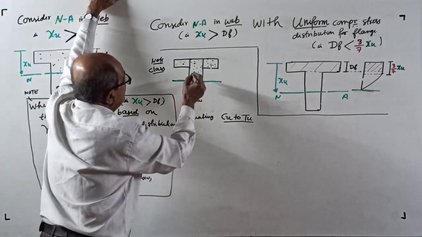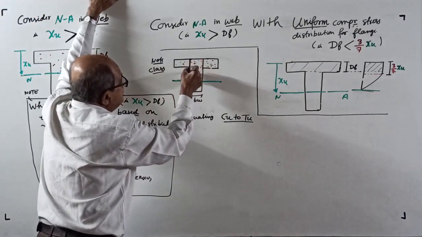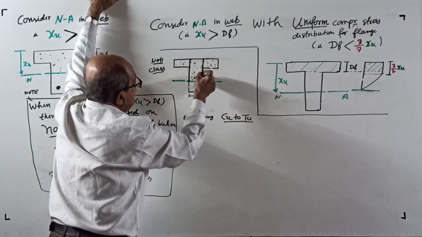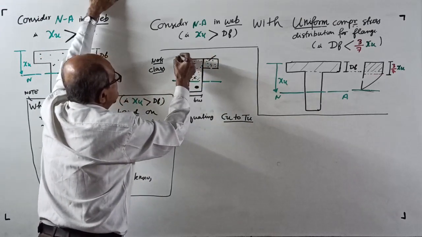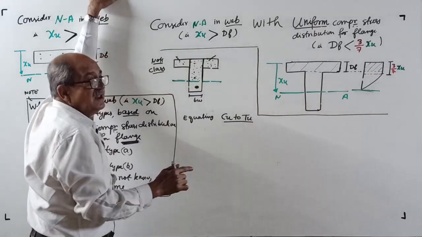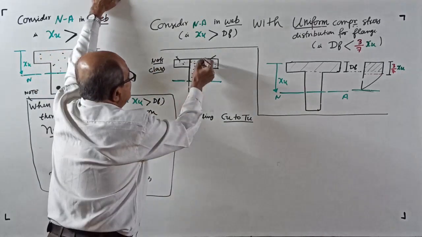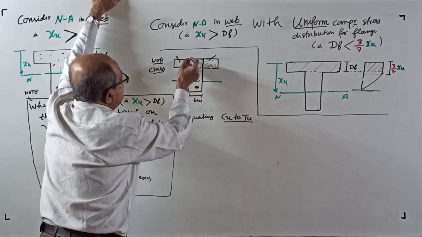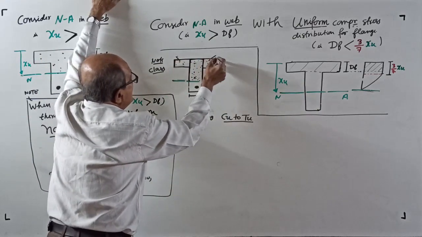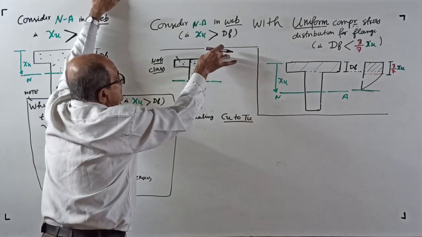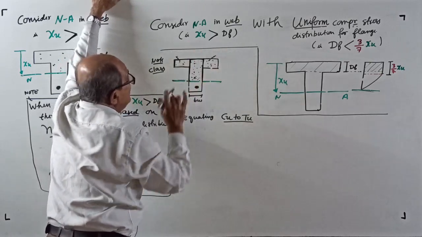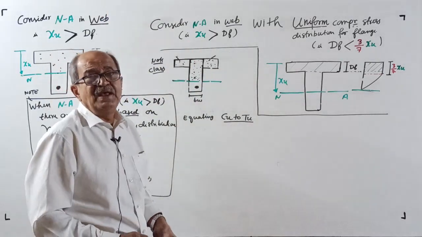So what is done is, this portion is a rectangular section of width BW. These are the flange outstands. Therefore, derivation is done such a way that this is separately considered, this is separately considered. Outstands are, see, this is BF, this is BW. This one plus this one together will be equal to BF minus BW.